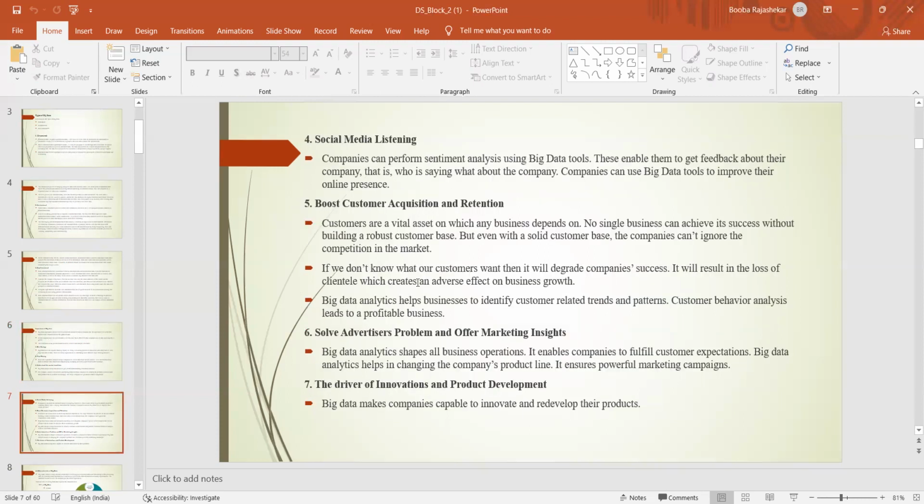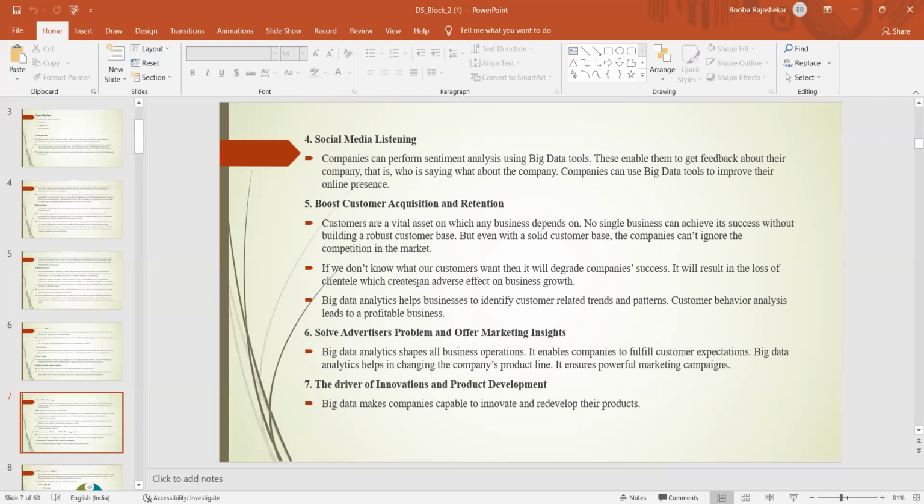Next, boost customer acquisition and retention. Customers are the vital asset on which any business depends. No single business can achieve success without building a robust customer base. But even with a solid customer base, companies can't ignore the competition in the market.